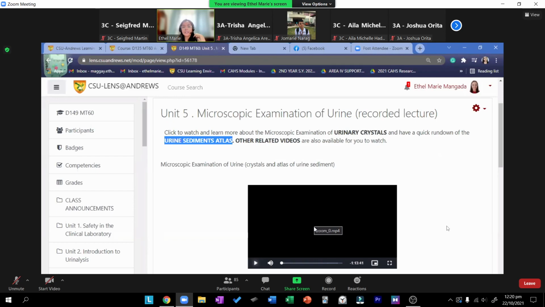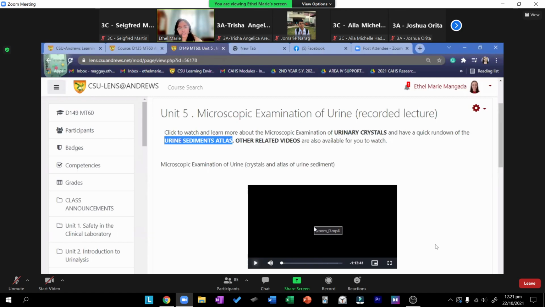And for 3C, you may do after siguro ng class ninyo or pag may vacant kayo or sa weekend. Basta dito guys, mapanood nyo to, mapag-aralan nyo bago kayo mag-quiz ng microscopic exam of urine.